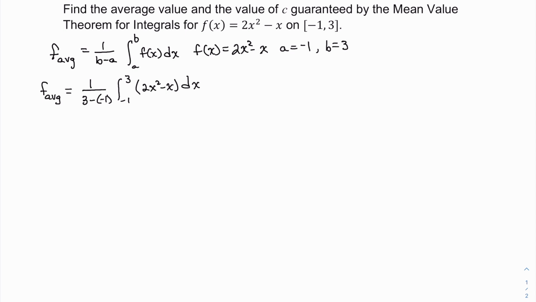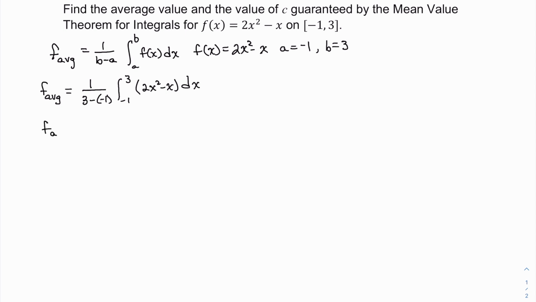Now this integrand can be integrated term by term, and remember, to evaluate a definite integral we find an antiderivative and then evaluate that antiderivative at the upper limit of integration minus evaluated at the lower limit.